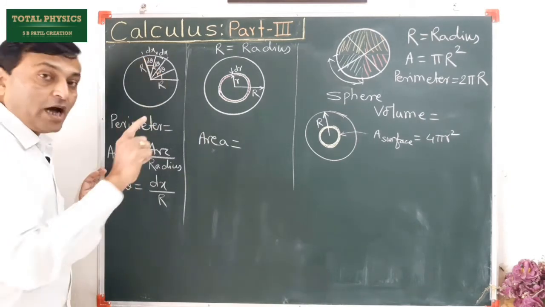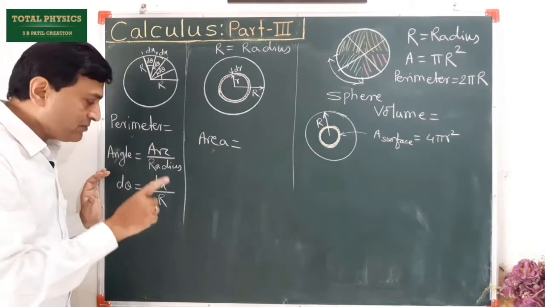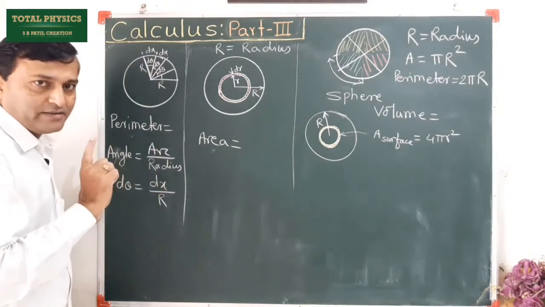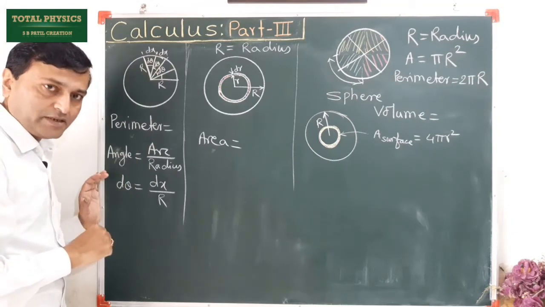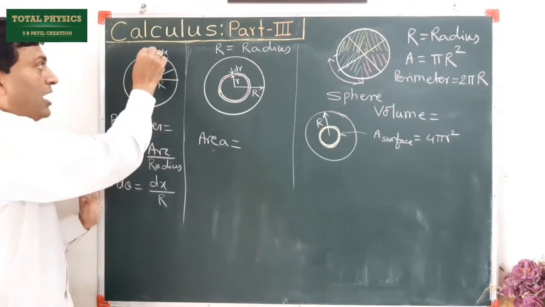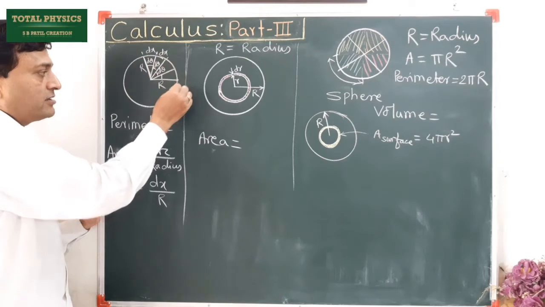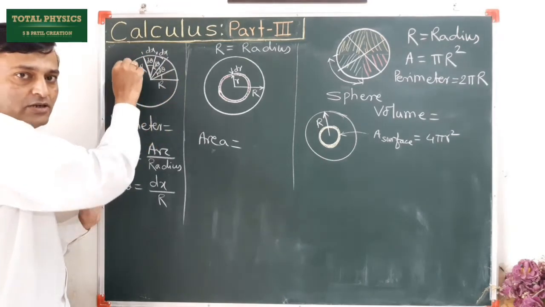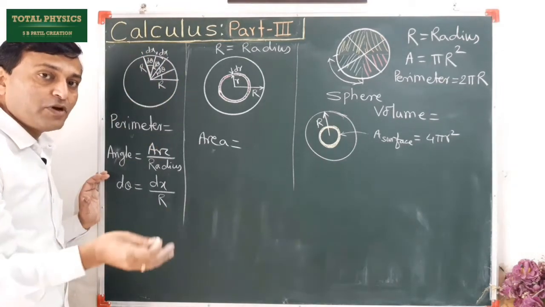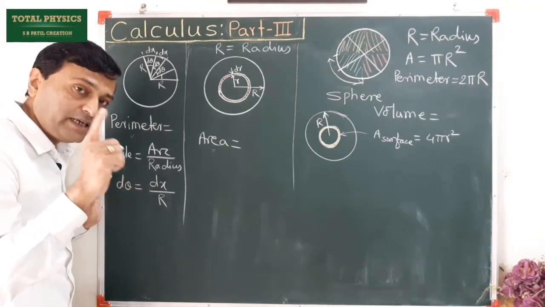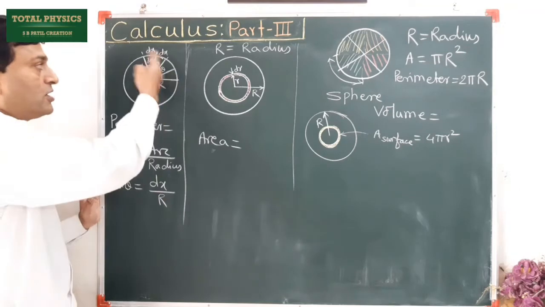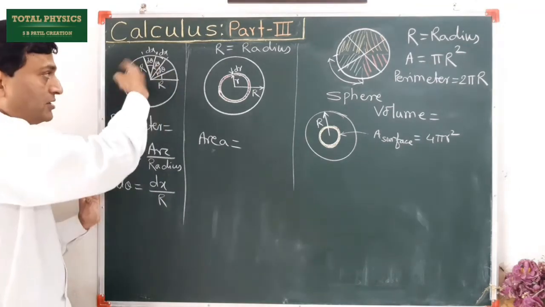Therefore, this arc is also an infinitesimally small arc upon radius. I want the perimeter, the circumference. So I want to add all such dx's. You have to integrate dx. Then you will get the total length of the perimeter.